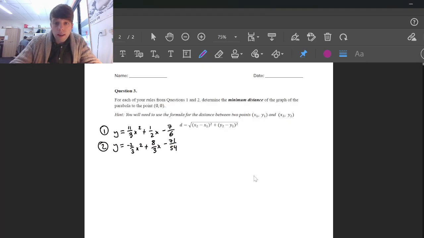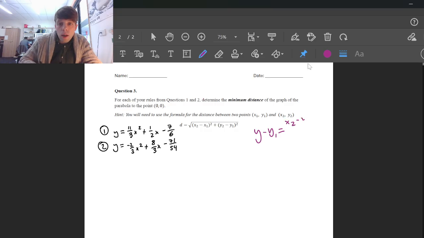As you know, if we're trying to find the distance between 2 points, we can use our formula for a linear equation: if we have the points x1, y1, and x2, y2, we would have that y minus y1 is equal to y2 minus y1 over x2 minus x1 times x minus x1. That's just the same as the point gradient form of the linear equation, where this part here is just the gradient. That's how I constructed that equation there.